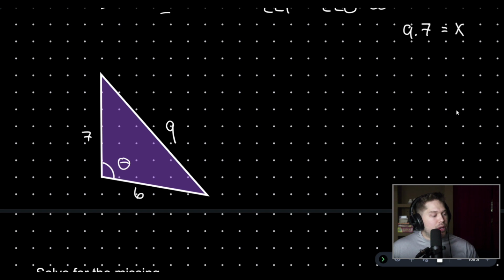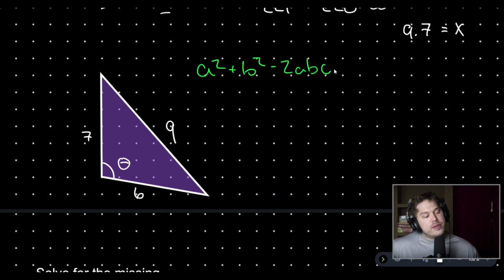How would we solve this problem? This one's a bit simpler. We have less distractions. Again, let's remember our law of cosines is a squared plus b squared minus 2ab times the cosine of theta is equal to c squared. a and b are the sides that surround our angle theta.